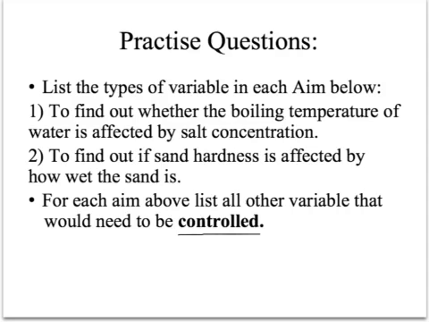The dryness of the sand, initial dryness of the sand before you added water, would be the second one. And probably another one would be how well you mix the water into the sand. You'd have to have a method of mixing that is also kept the same, so that you distribute the water evenly each time through the sand.